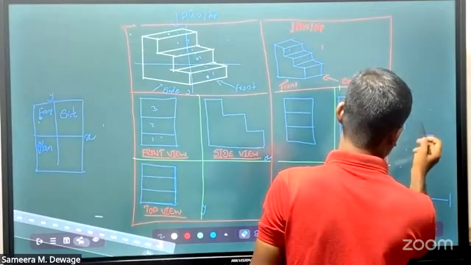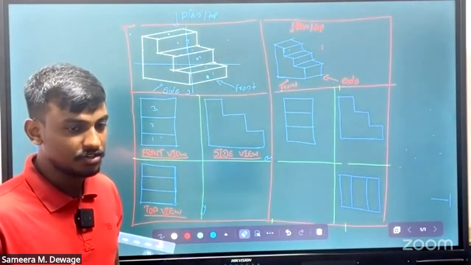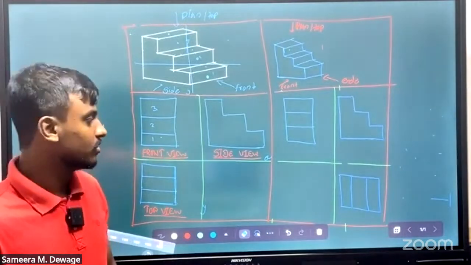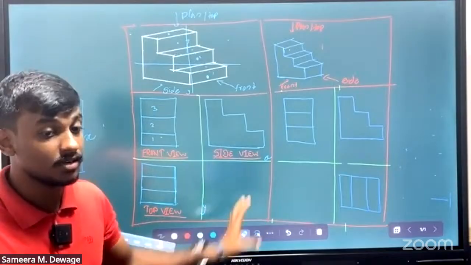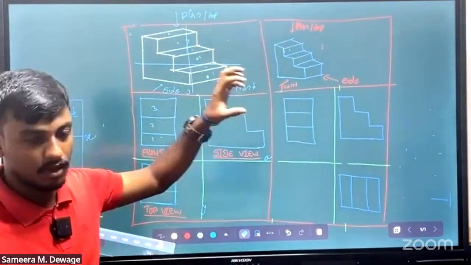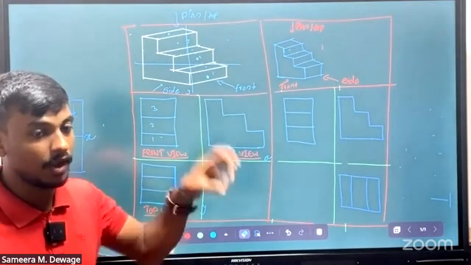Okay, got it? Can you understand what I mean? So you need to draw your plan view always according to the front view, and that plan view should be located below the front view.